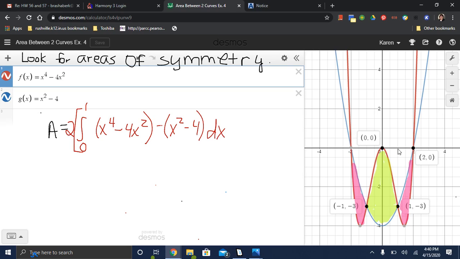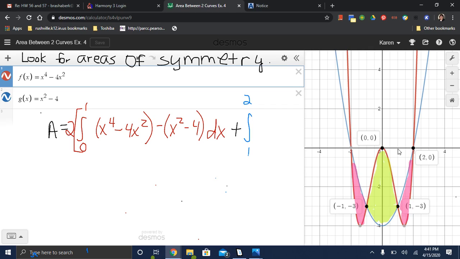But then we've got to add to this. So now we're adding to that the next part of our graph. So a new integral. And in this integral, which is going to go from 1 to 2, so we're picking up the rest of the graph.